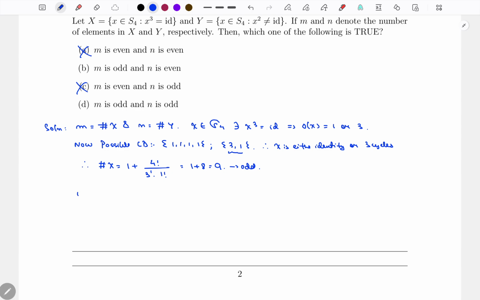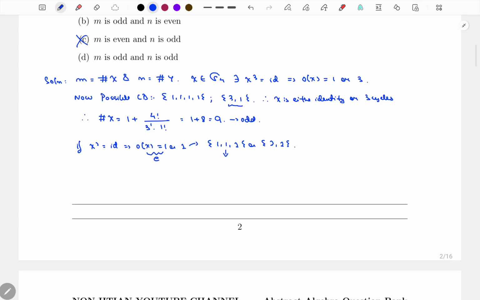If x squared is equal to identity, that would mean the order of x is either 1 or 2. This accounts for the identity element, and what are the possible cycle decompositions so that you get the order to be 2? Either you can have 1, 1 and 2, or you can have 2 and 2. These are the only possibilities.